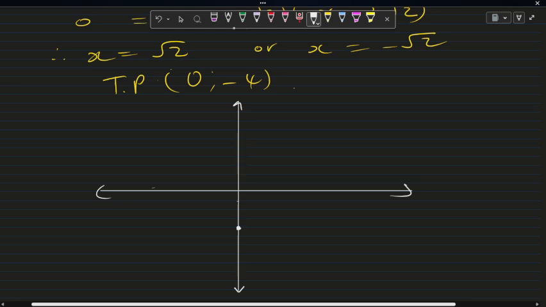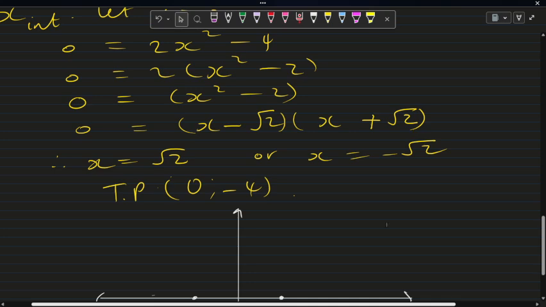So root 2 is around 1.4, so it's approximately equal to 1.4. So if I say this is positive root 2, then negative root 2 will be somewhere over there. And this is minus 4.